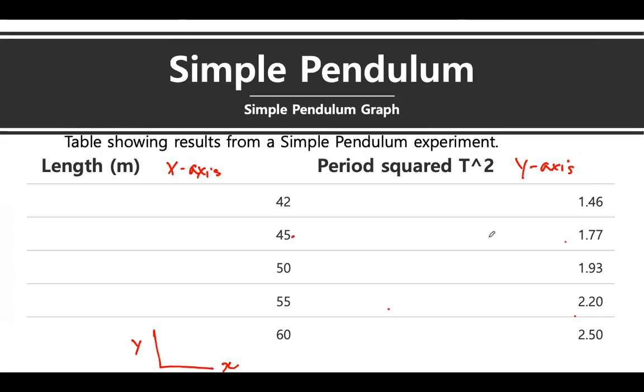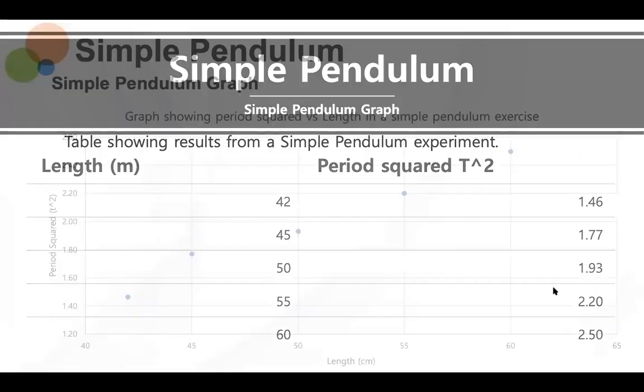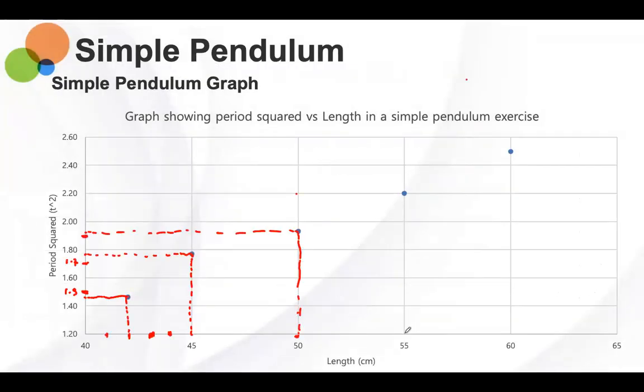All right, so we have 55 and we have 2.2. So 55 would be on our x-axis and we would have 2.2 on our y-axis. So let's go to the graph. We have 55 here on our x-axis.